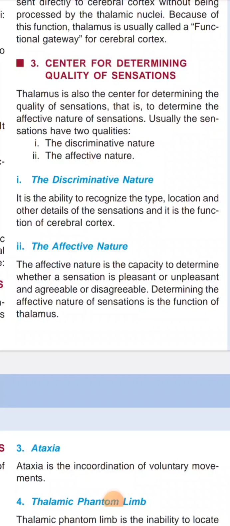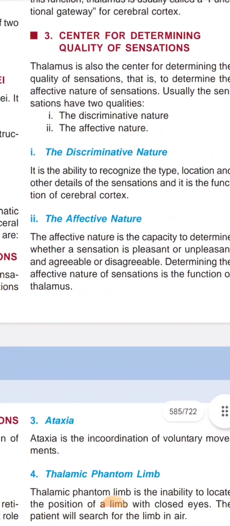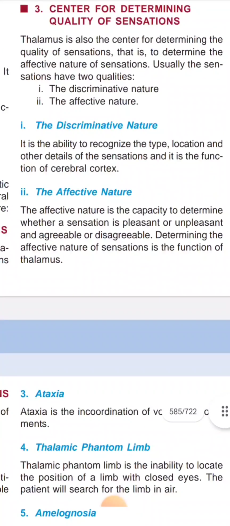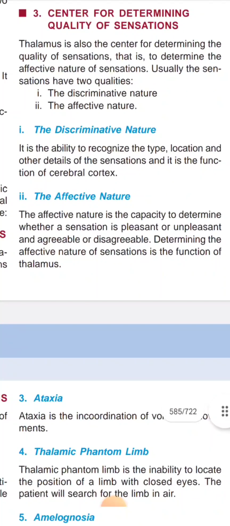So discrimination means able to differentiate the sense, able to differentiate the location where the sense is perceived. Next, affective nature. The affective nature is the capability or capacity to determine whether a sensation is pleasant or unpleasant and agreeable or disagreeable.